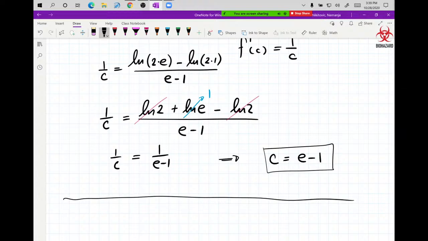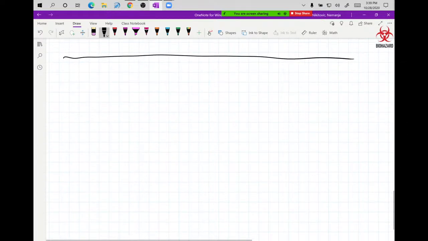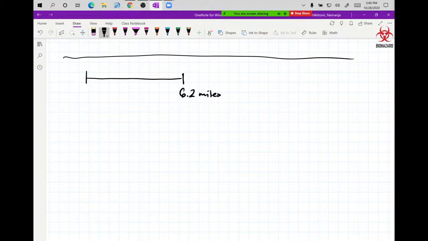Explain why, if a runner completes a 6.2 mile race in 32 minutes, then he must have been running at exactly 11 miles per hour at least twice in the race. So that is, again, another problem that we have. So this runner is going to run 6.2 miles in 32 minutes. And that's the same information like we had earlier with the speeding situation.